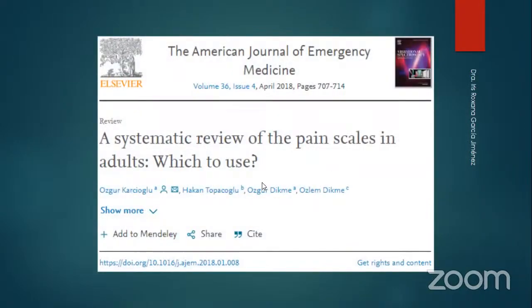This article, this review, is, as it says, a systematic review of pain scales in adults, which to use. This study shows us that nowadays in the emergency rooms, we use one or maybe two scales at most, no more than that. And that's a huge mistake, because we should know the best one that fits the case.